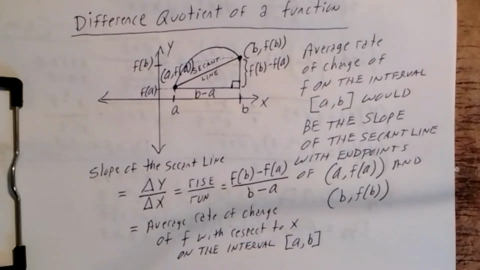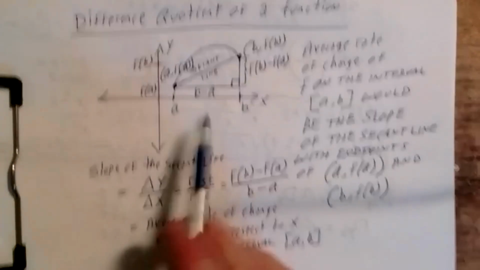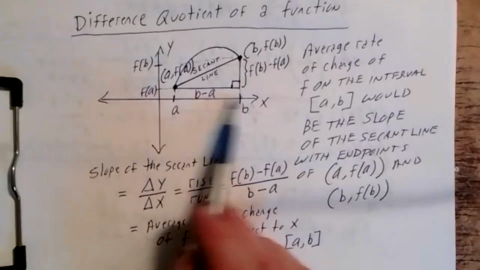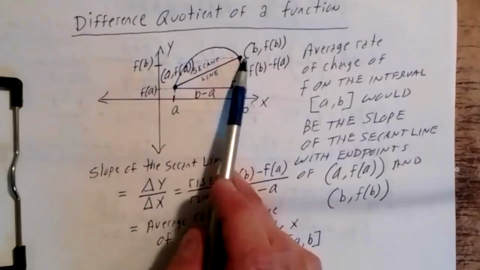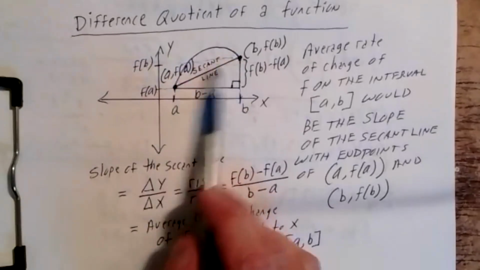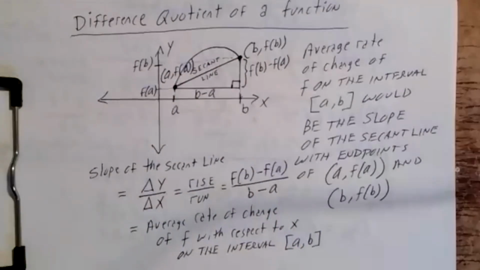Okay, that's called the average rate of change of this function with respect to x on the interval from x equals A to x equals B. The average rate of change of this function is nothing more than the slope of the secant line here.